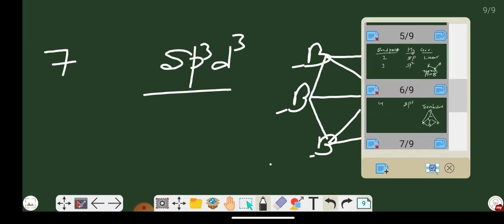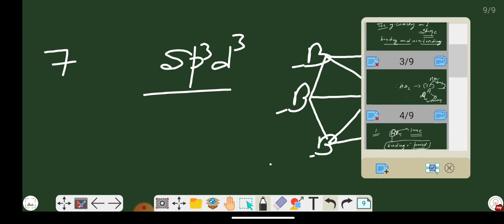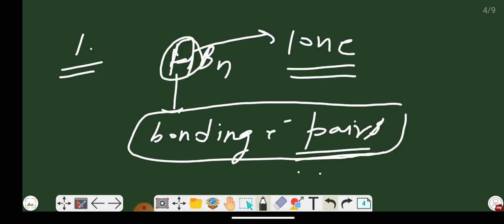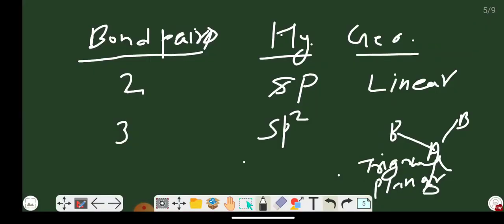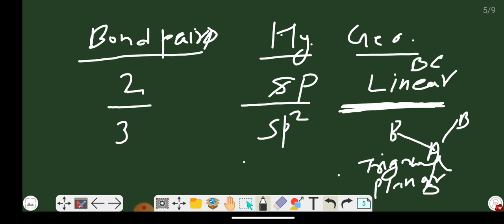So now let's take the examples of all these structures. If the molecule has 2 bond pairs, the hybridization is sp and the shape or geometry of the molecule is linear. An example of this shape is BeCl2.